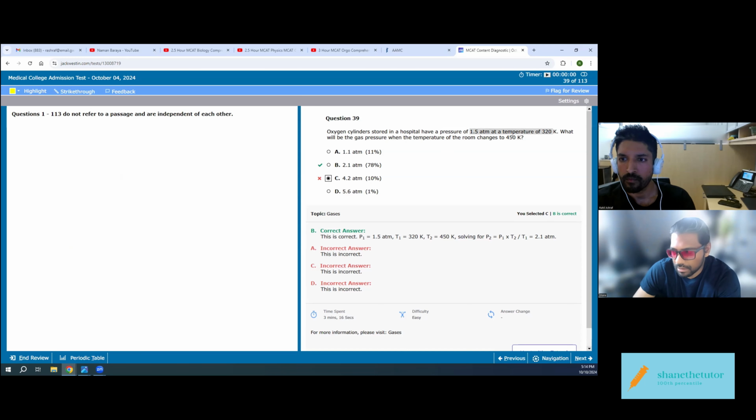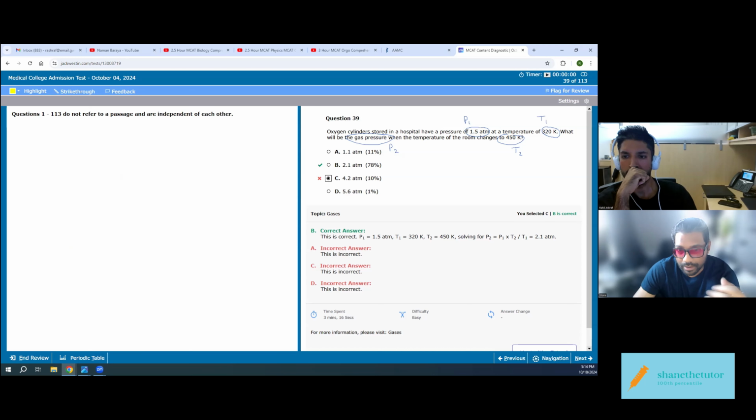Proportionalities could work either if something's proportional or inversely proportional, so we need to be aware of that relationship first. We're dealing with gases here, so think about what you're being given: an initial pressure, an initial temperature, a final temperature, and the final pressure is what we need to find.